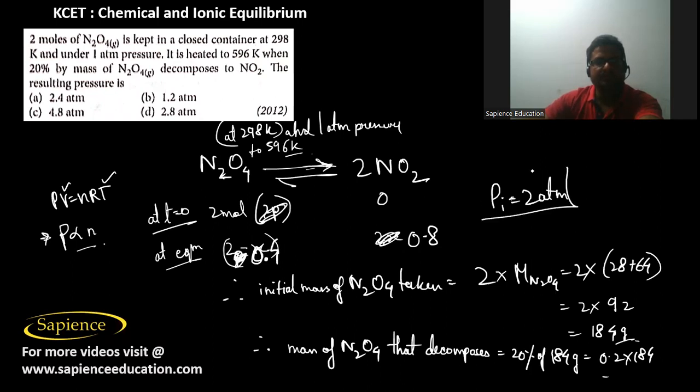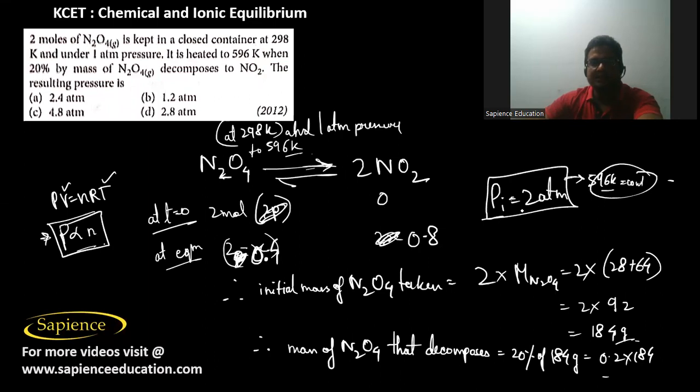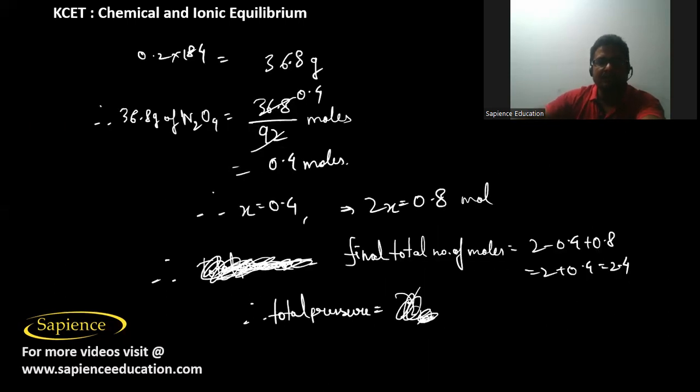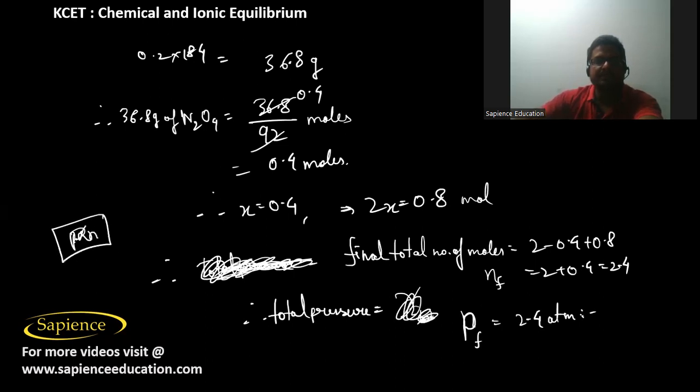So the initial pressure is 2 atmosphere, and then the temperature remains constant at 596 Kelvin. That will remain constant only. And so now the pressure will be proportional to the number of moles. The initial pressure is 2 atmosphere when the initial number of moles was 2 moles. Now when the final number of moles is 2.4, the final total pressure will be also equal to 2.4 atmosphere, since P is proportional to N when the temperature is kept constant.